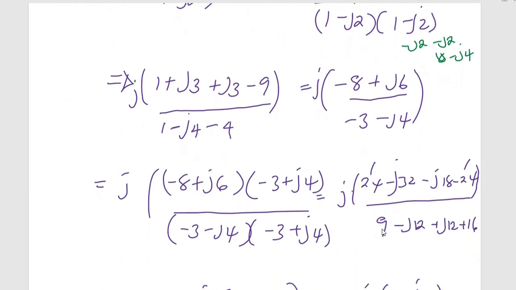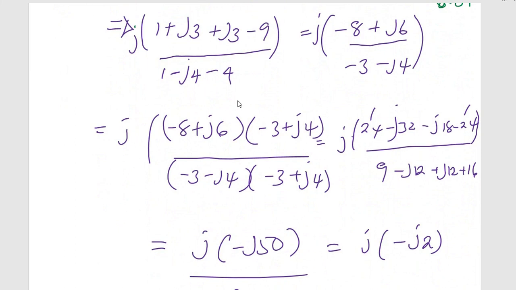So it means I still have to rationalize this denominator, and I have to multiply it by the conjugate of this complex number, which will be negative 3 plus j4. So that's why here I'm multiplying by minus 3 plus j4, because it is the conjugate of here. What I do on the denominator, I do also on the numerator.